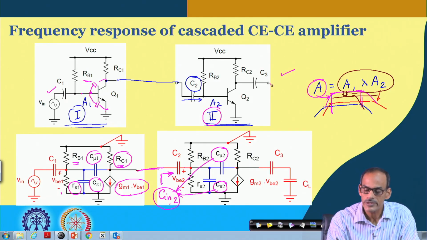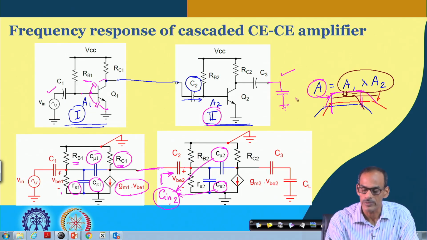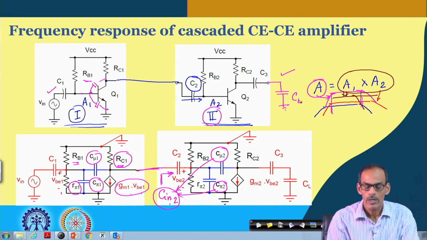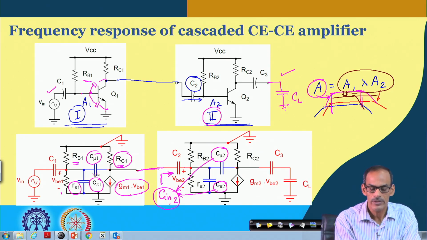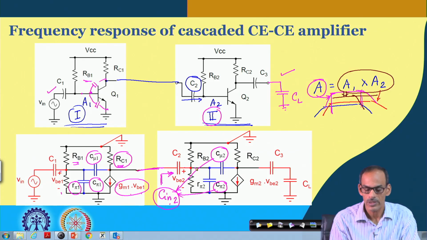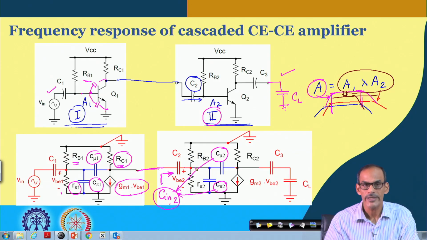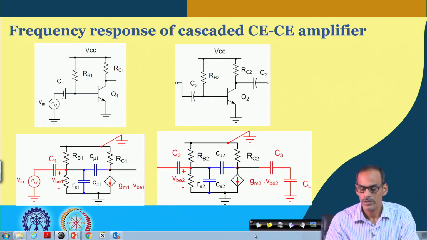And let us consider that one load CL is connected here after C2, rather C3. Now, if we further simplify this small signal equivalent circuit, we can translate it into a simpler version. In the next slide we will show that.